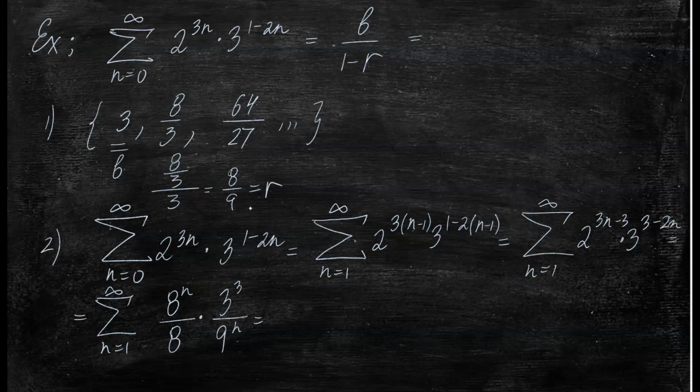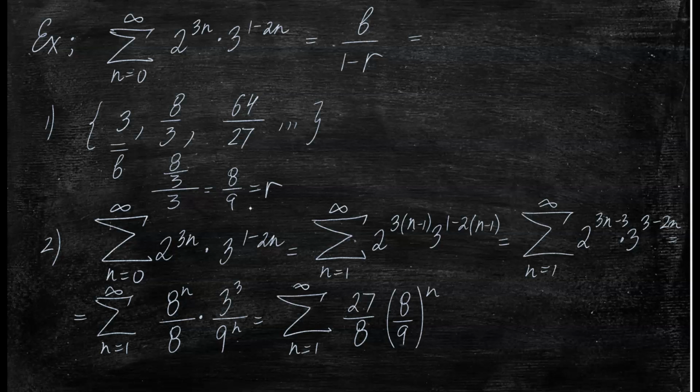So this is just basic algebra here. And we continue. So we have 27 over 8 times 8/9 to the power n.